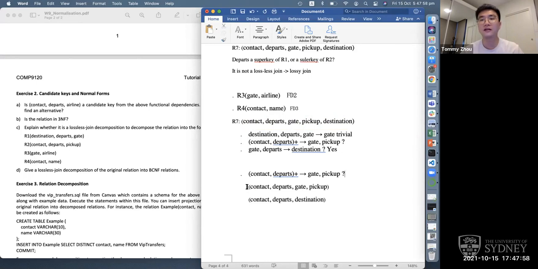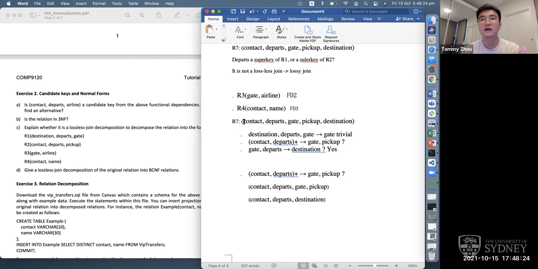And if you're looking at these 2 smaller tables, their common parts are contact and departs, and both of them are super keys. It means by looking at this combination, you can get gate solely alone, and also can get pickup and destination.